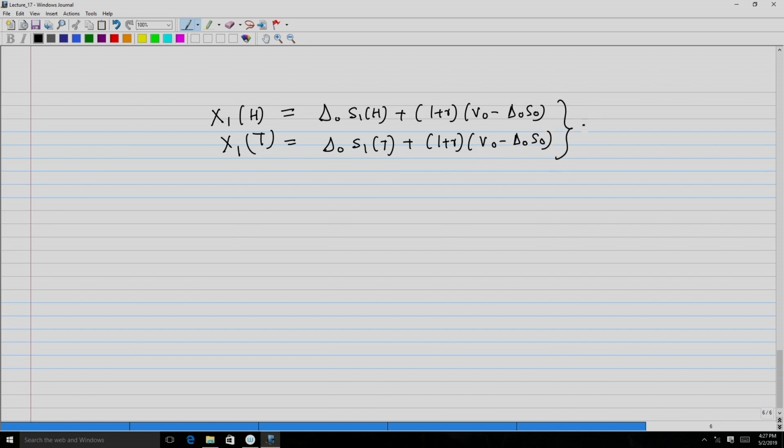I call this set of two equations equations 1. Now, we have the complete setup of what has happened at time t equal to 1.